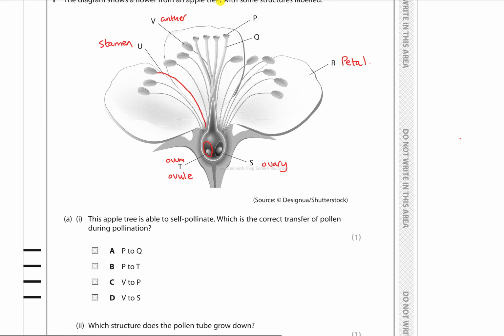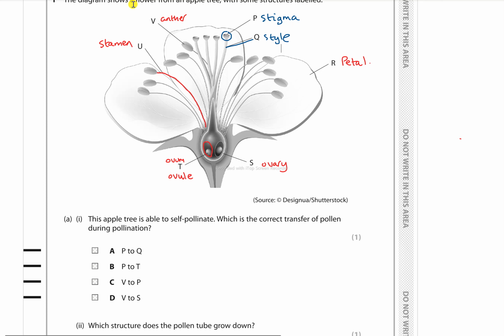Right. I always struggle to remember these silly things, but it's got to be done. And then there you've got the stigma, and there you've got the style.